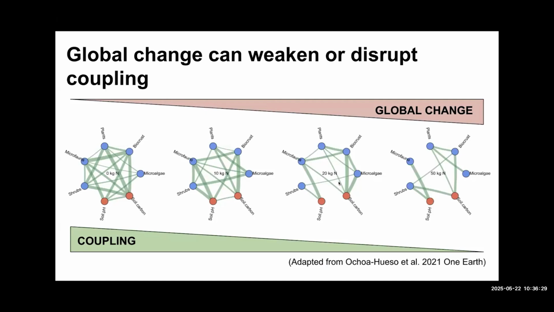So when we think about how these might respond to global change, there are some examples from other studies, in these cases particularly in response to nitrogen addition, and how different components of the ecosystem have certain degrees of coupling, but with nitrogen addition, this coupling starts to weaken or even disrupt to the point that the association is lost, and this would have effects on ecosystem functioning and services as well.